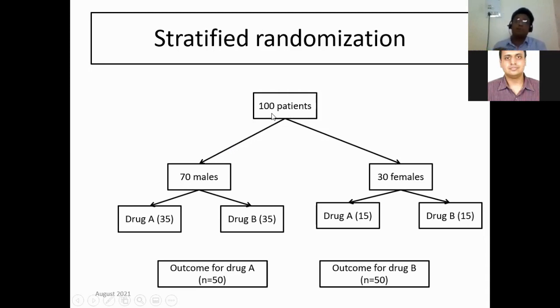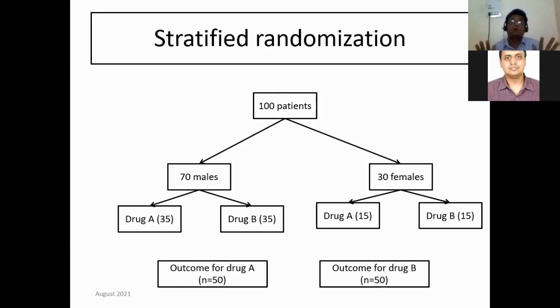The second type of randomization is stratified random sampling, which many people use. One way to stratify is gender, like 70 males, 30 females. Out of 70, ensure that all males are equally divided. In this study design with a stratified sample size, I want to be very sure that males and females are equally represented.